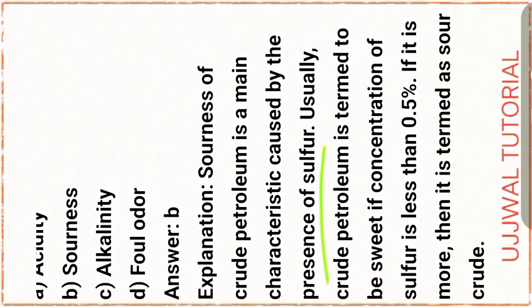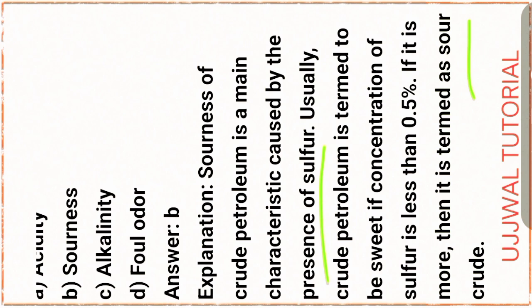Usually, petroleum is termed sweet if the concentration of sulfur is less than 0.5. If it is more, then it is termed sour crude.